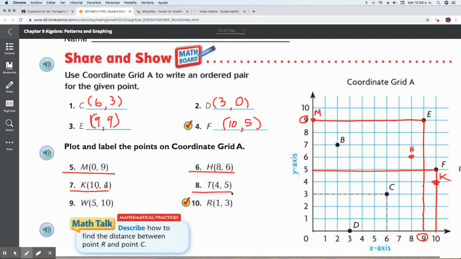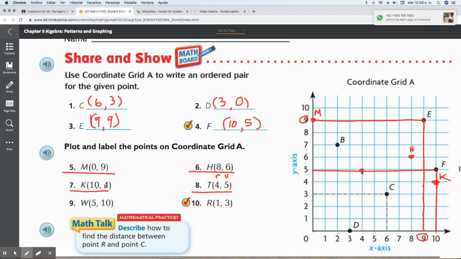Number 8, letter T, 4 steps to the right, 5 steps up. So 1, 2, 3, 4, and then 1, 2, 3, 4, 5.